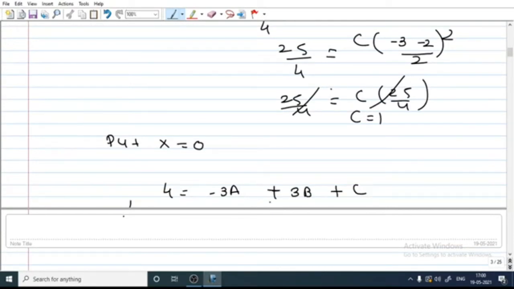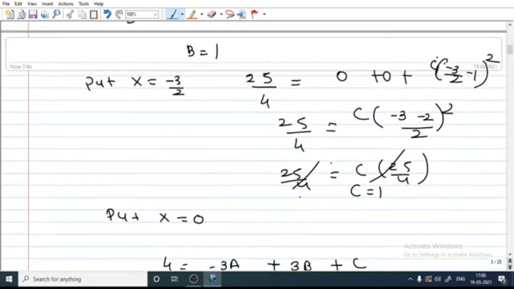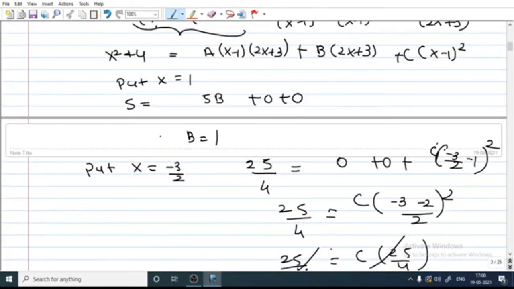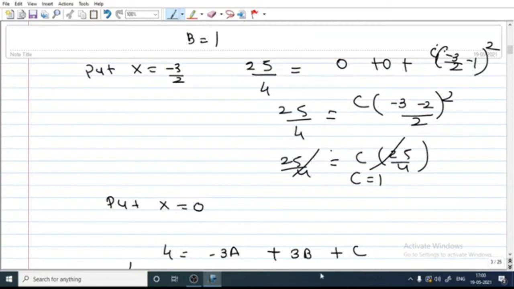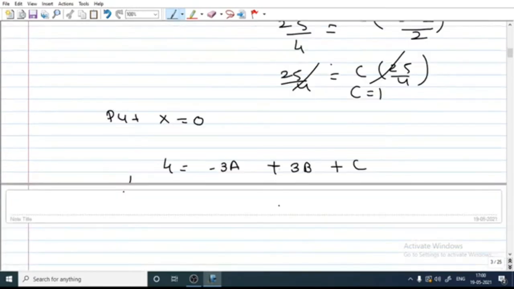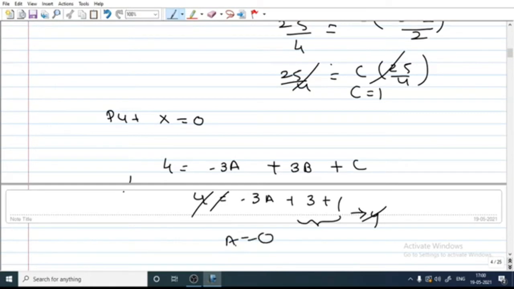If I put the B and C values, we have B equals 1 and C equals 1 only. So this is 4, this is minus 3a, this is 3, this is 1, because the B and C values are 1. So this will become 4, this will become 4, and this will cancel out with this. So we are getting A equal to 0.